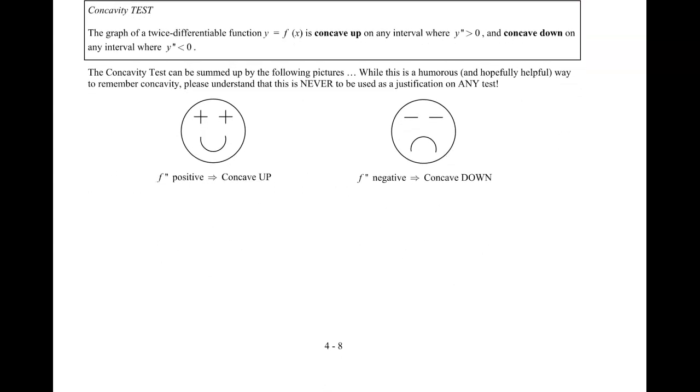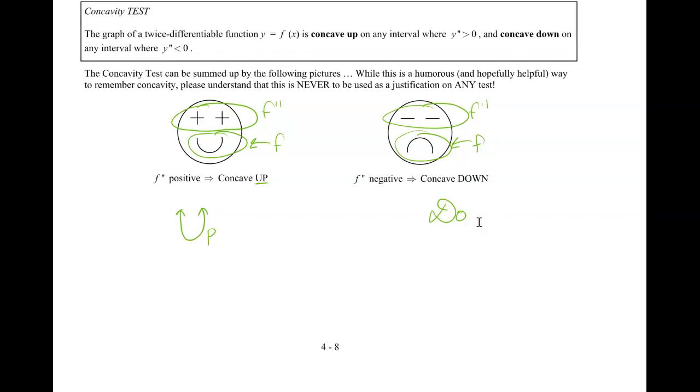Okay, so what this says is that if f double prime is positive, then you're going to have concave up, which is just going to be f happy. And if f double prime is negative, then we're going to have f being sad. Honestly, the way that I remembered this, as well as the happy face and the sad face, is I also saw that up kind of looks like a happy little U, and then down would just be down.